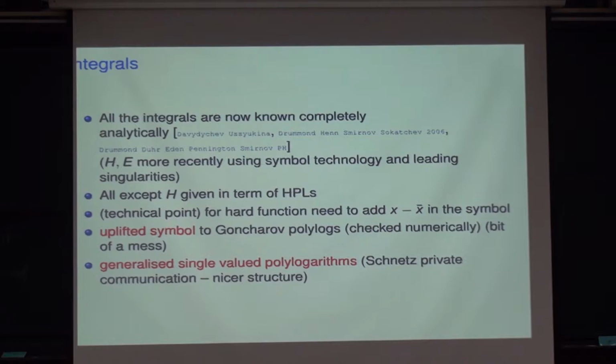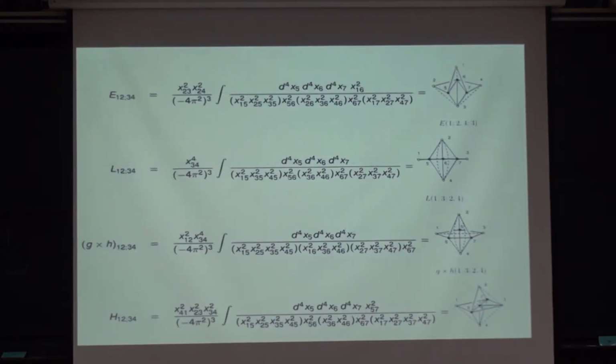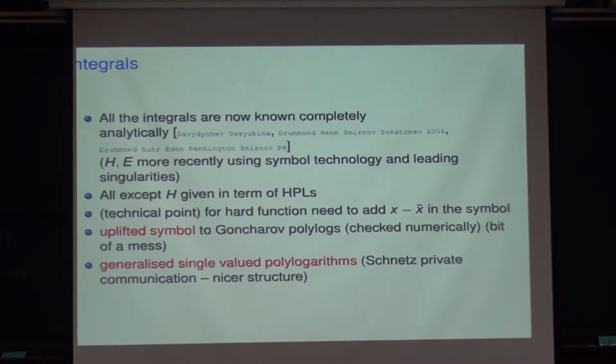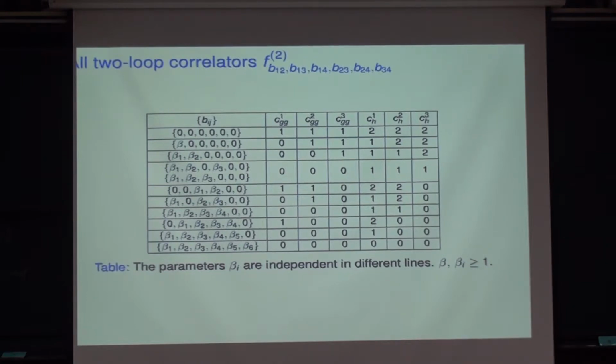Most of them are HPLs, but there was an extra piece. We wrote it in a rather ugly way in terms of Goncharov polylogs, but you can rewrite it in a nicer way in terms of so-called generalized single-valued polylogs. But the main point is that we know the answers analytically, and therefore we know all the correlation functions analytically. So here's the result.